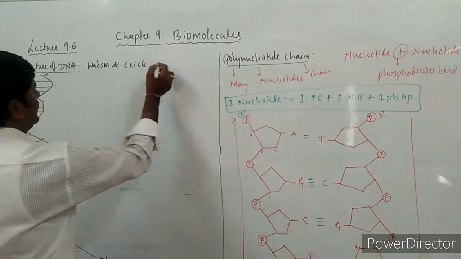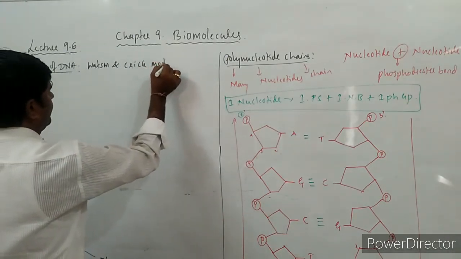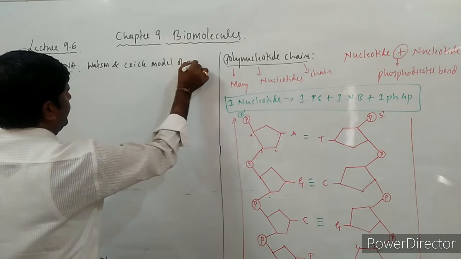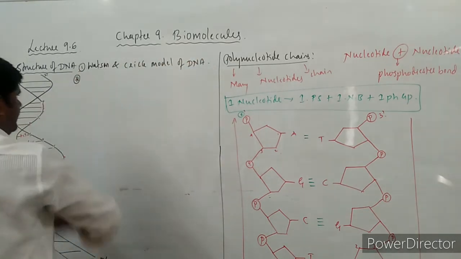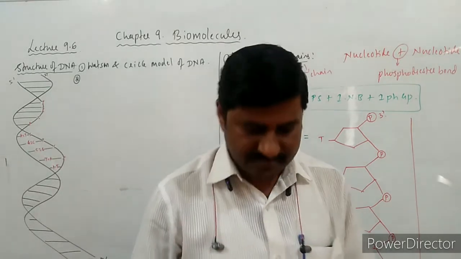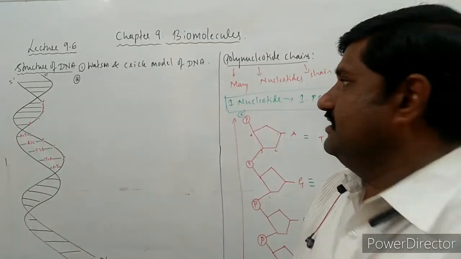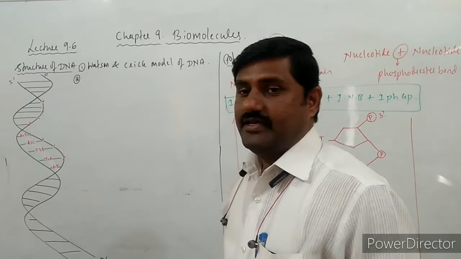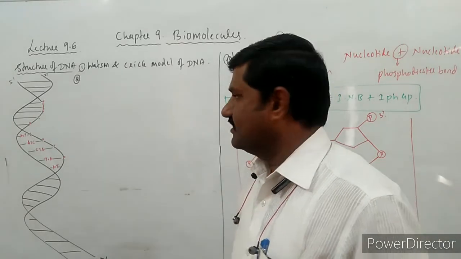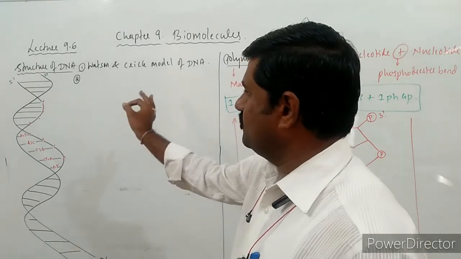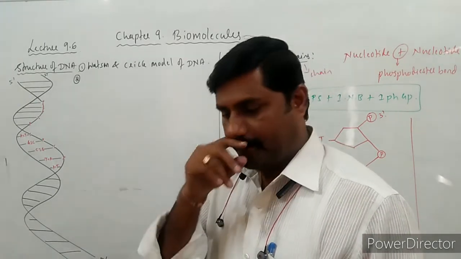This is the first point to be noted over here. Second point. This DNA structure is made up of two polynucleotide chains.